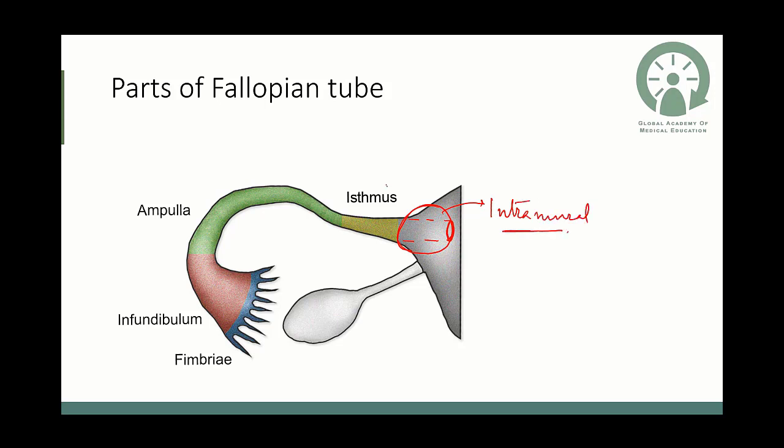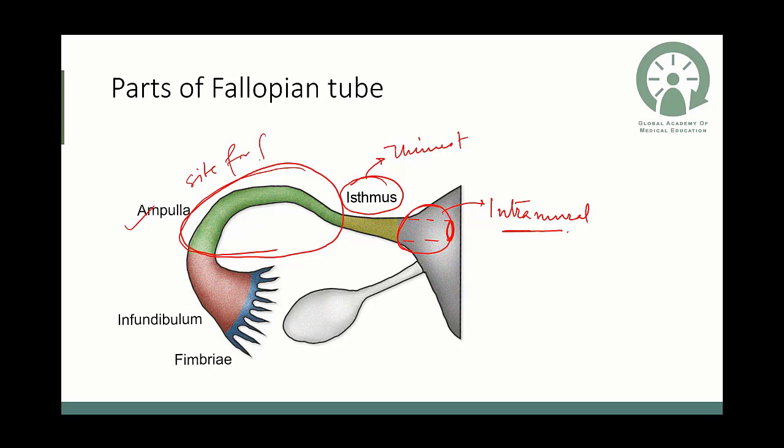The next part, the thinnest part, is known as the isthmus. The next quite longer and broader part is known as the ampulla, and this is the site for fertilization of the ovum by the sperm, and this is also the most common site for tubal ectopic.